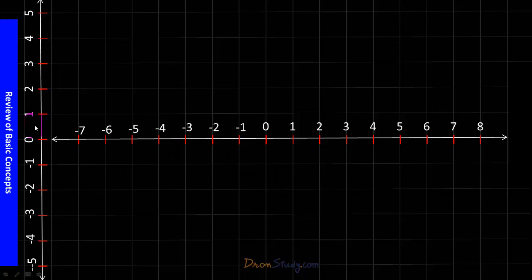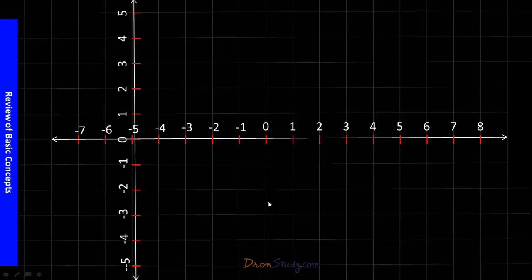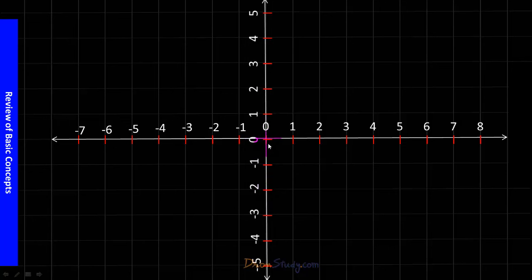So when these two number lines, one horizontal number line and the other vertical number line, intersect each other perpendicularly at the fixed point, that is at 0, 0, then this system is called the Cartesian system, and this plane is called the Cartesian plane, or it may be called the XY plane, or the coordinate plane.